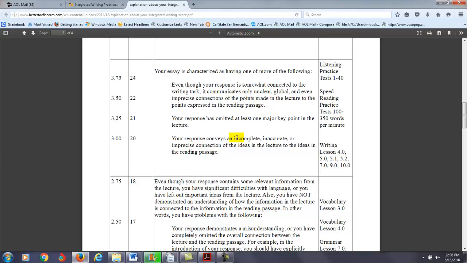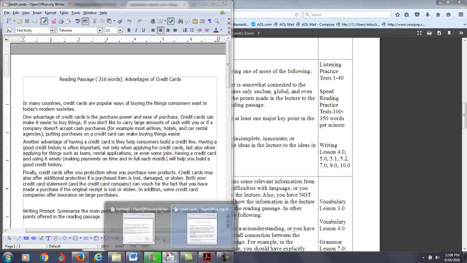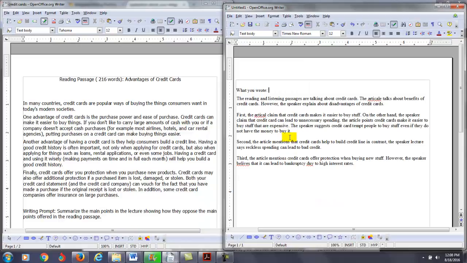So you can probably develop your ideas a little bit more. So that's kind of what we want to look at. So I'm going to say here 3.0 out of 5, or maybe around 20 out of 30 points here. You see that?